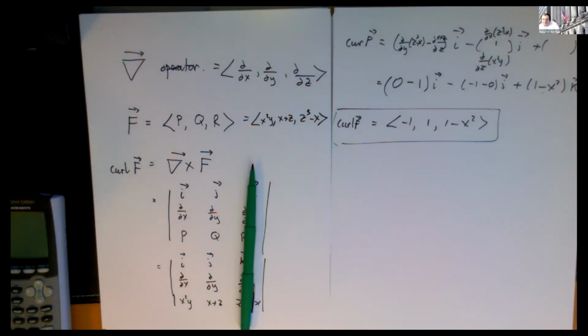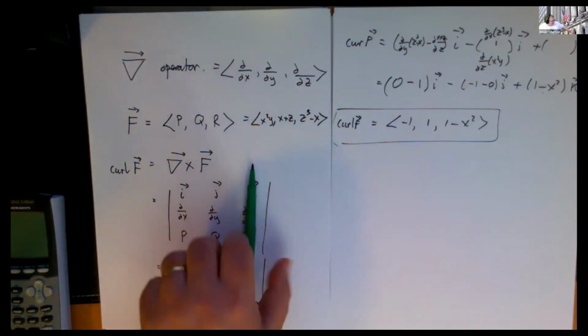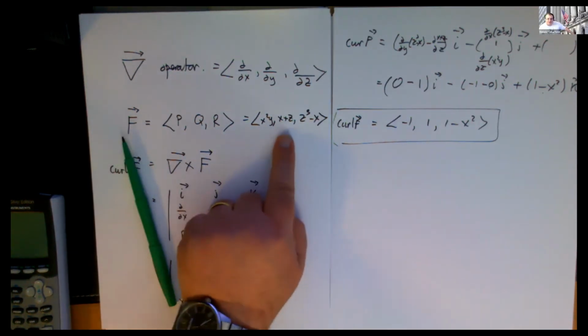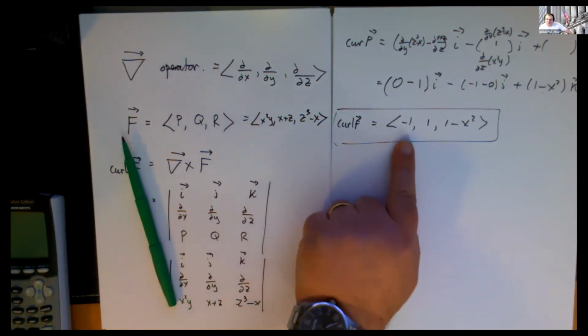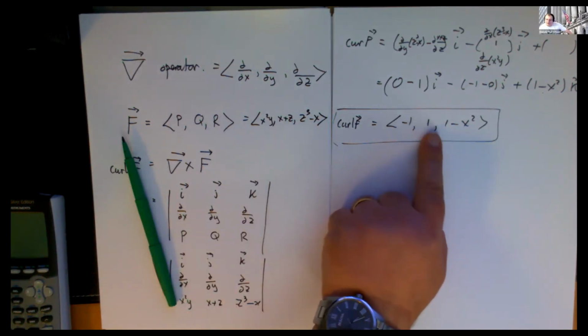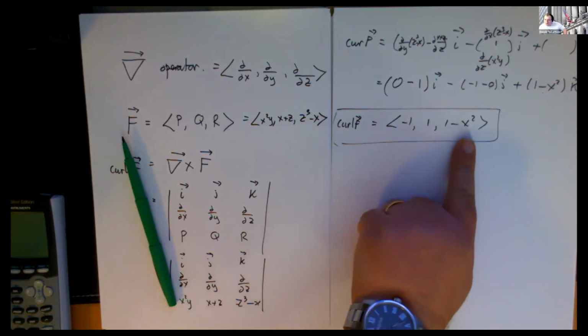Now, do you notice that in this particular case, the curl is -1, 1, and 1 minus x squared? What that is telling me is that for this vector field, if you imagine doing it in 3D with lots of little arrows, it doesn't care what these two numbers are; in fact, they are fixed. It only cares about the x coordinate.